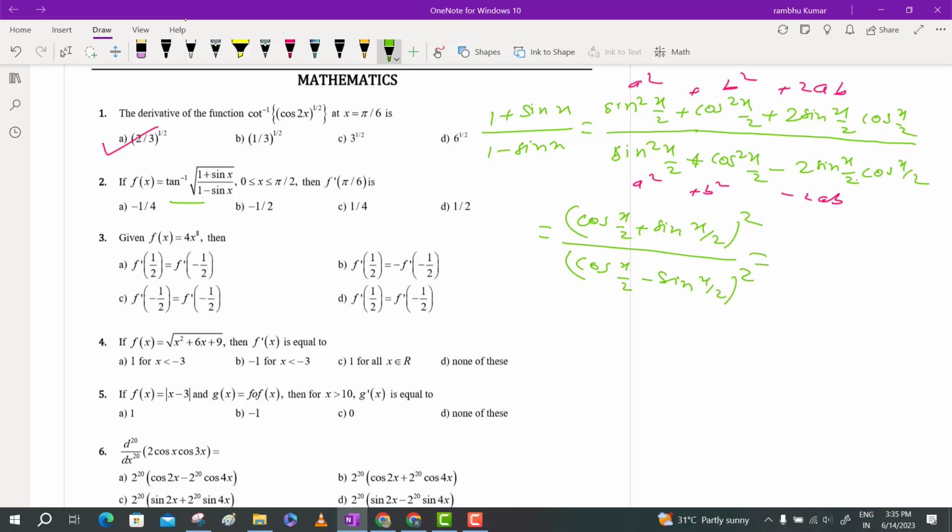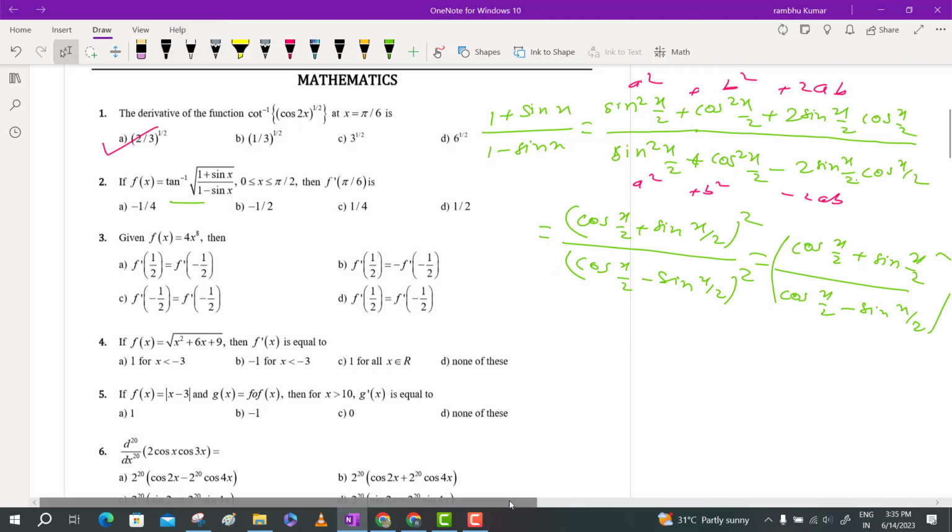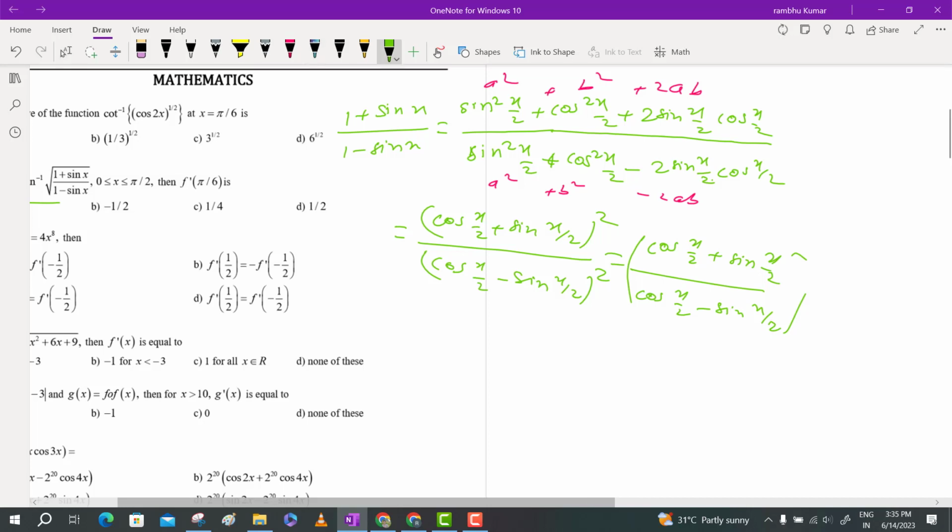Now you know this whole thing, if you take this square as a whole fraction, then this will become (cos x by 2 plus sin x by 2) divided by (cos x by 2 minus sin x by 2) whole square.